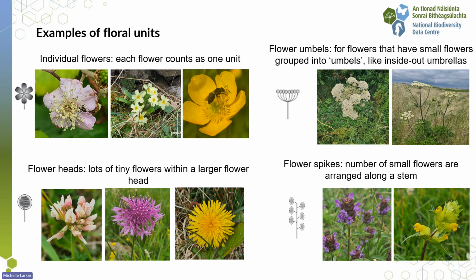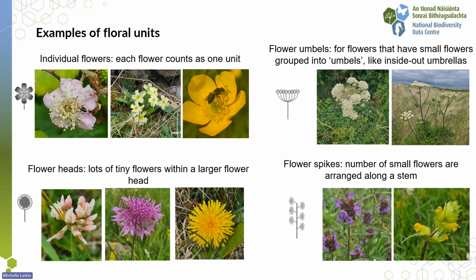The first group is individual flowers. Each flower will count as one floral unit. You can see here with bramble, buttercup, primroses, they would all be counted as one group. Here in the primrose, you can see 1, 2, 3, 4, 5, 6, 7 primroses, so 7 individual flowers.